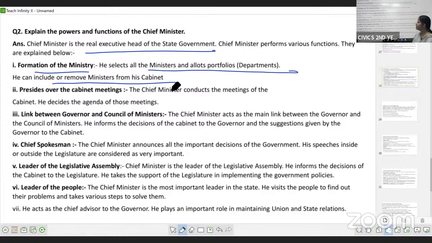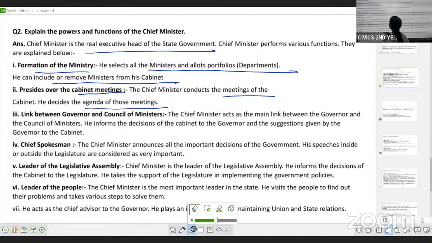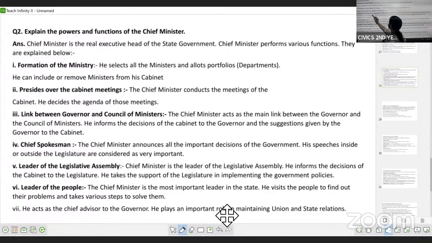The next is presides over the cabinet meetings. He will conduct the meetings of the cabinet. He decides the agenda of those meetings, why that meeting has been conducted. Then he is the link between the governor and council of ministers.